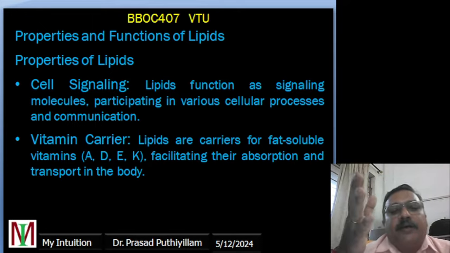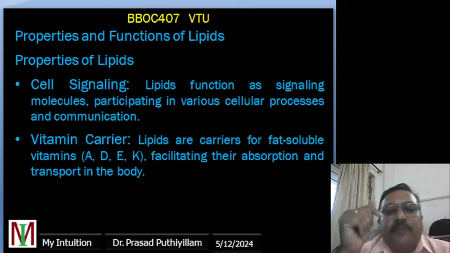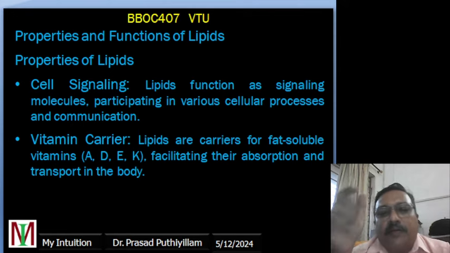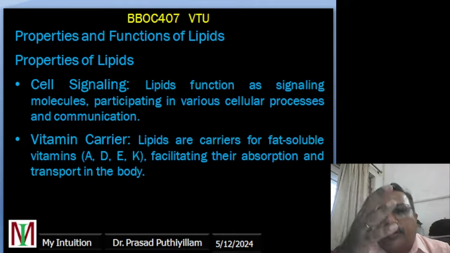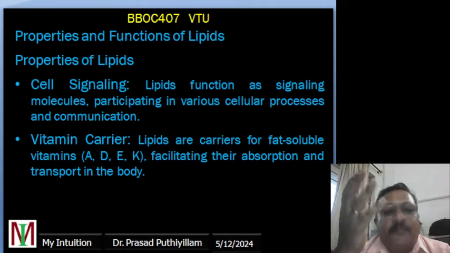Steroid hormones are derived from cholesterol, like testosterone, estrogen, and cortisol.